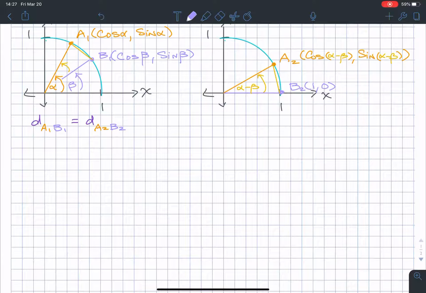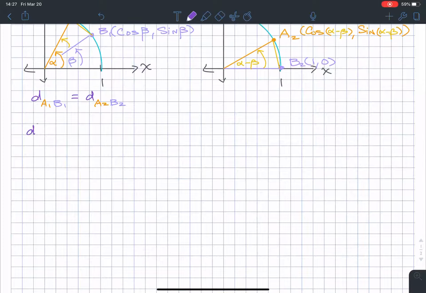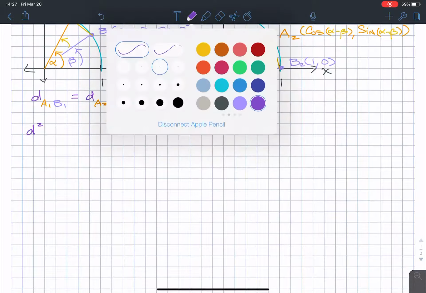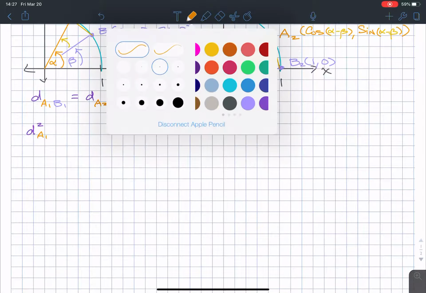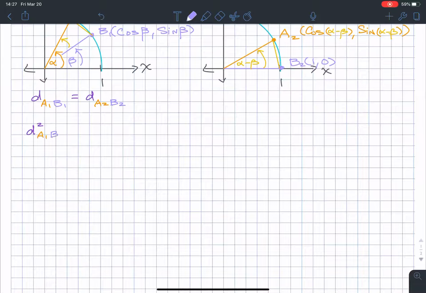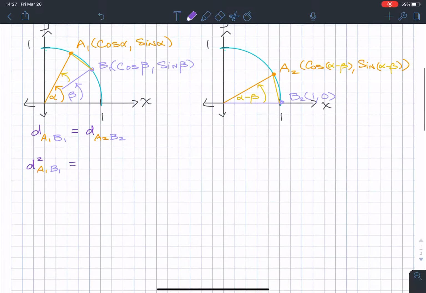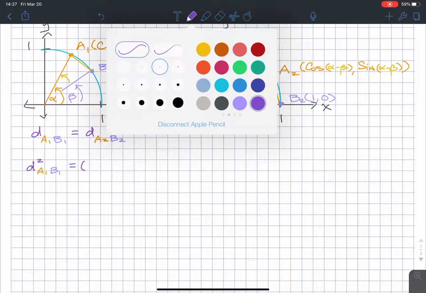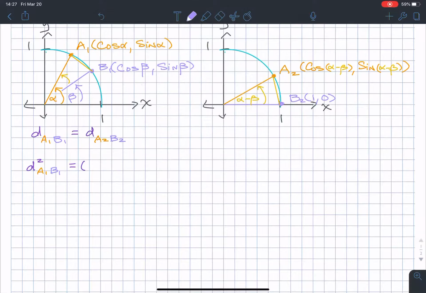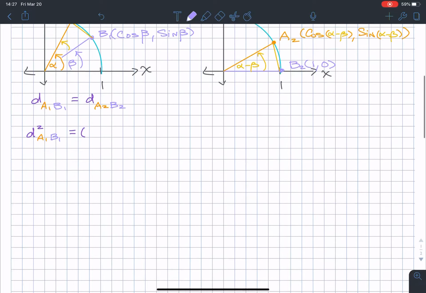Okay, so let's consider then the square of the distance between points. Let's do A1 and B1 first. I don't need to write the square root if I'm squaring the distance, but I know that it's the square of the difference in x coordinates.